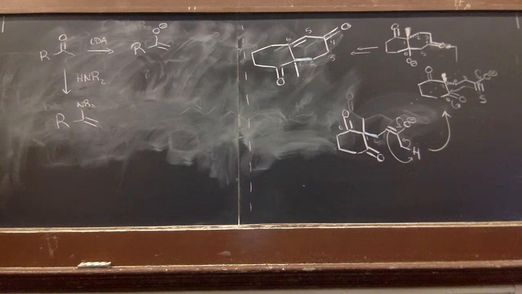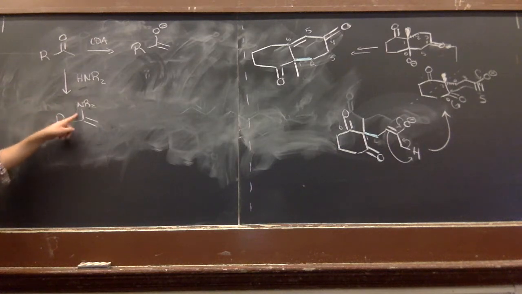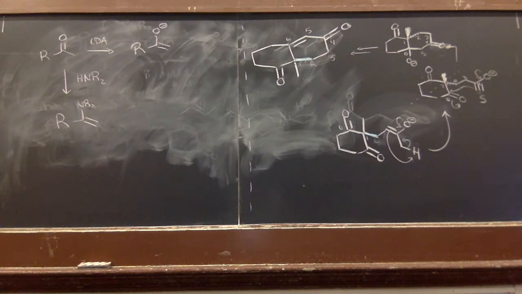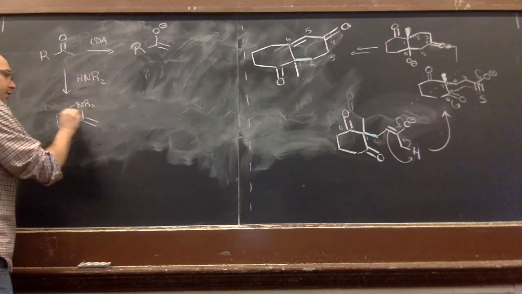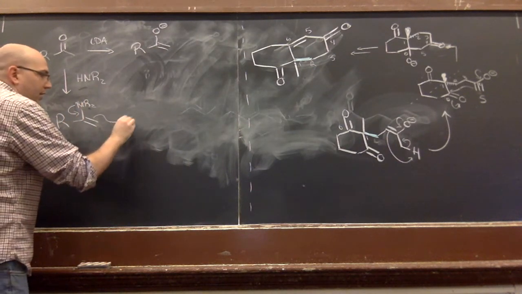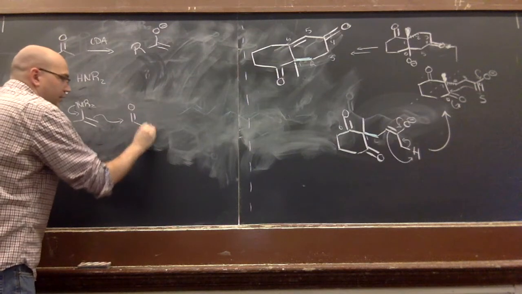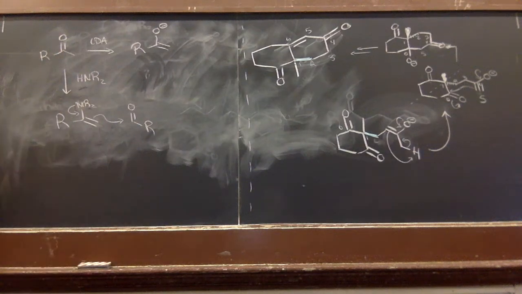To the same extent, we've given it an even better donor into the system, because a nitrogen is better at stabilizing positive charge than oxygen. And so enamines are very, very good at reacting through processes such as aldol reactions.